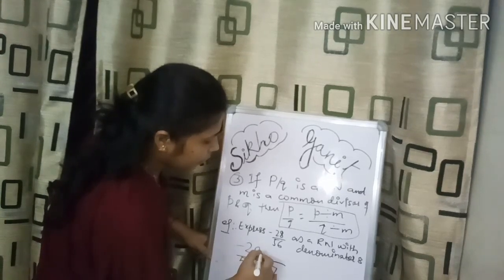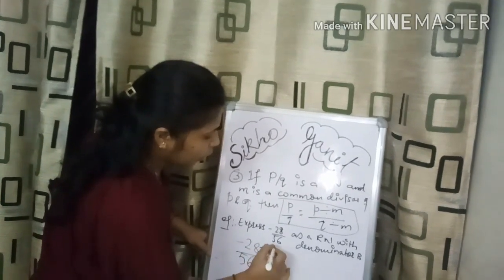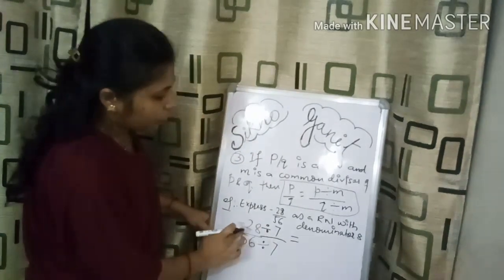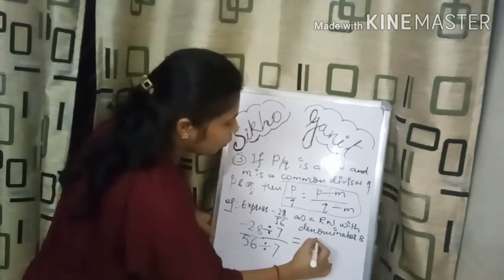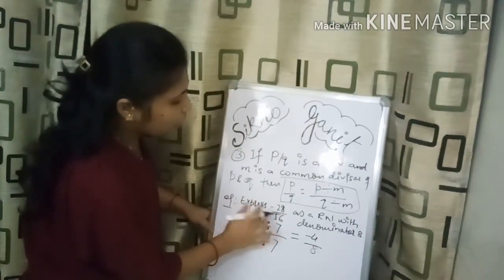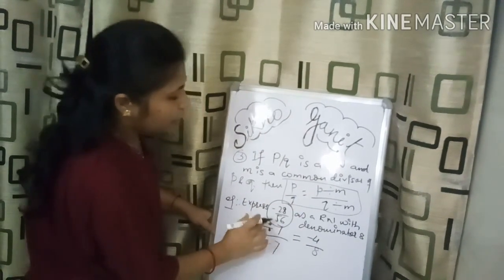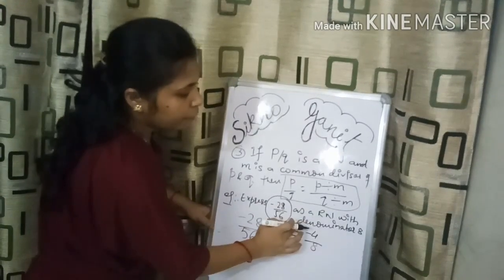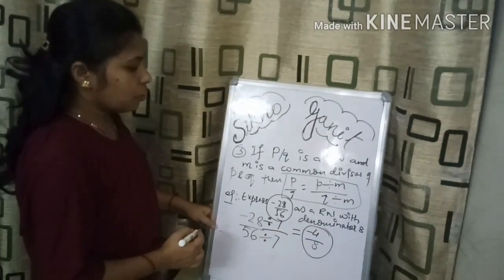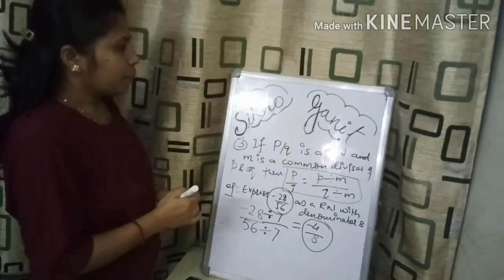If we divide it by 7, then the denominator will be 8. So it would be minus 28 divided by 7 is equal to minus 4 upon 8. So we can express minus 28 upon 56 as a rational number with denominator 8 as minus 4 upon 8. So this is the answer.